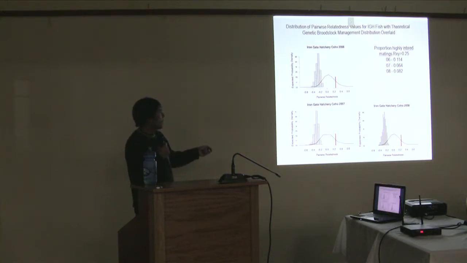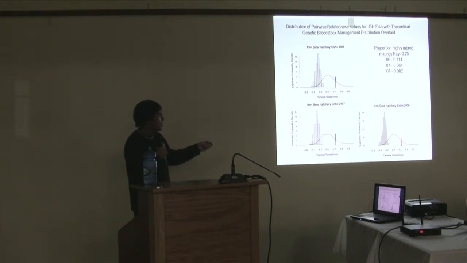And I should point out that for those of you not familiar with this, pairwise relatedness is a calculation of what percentage of your genes you share with the other individual in that pairwise calculation.